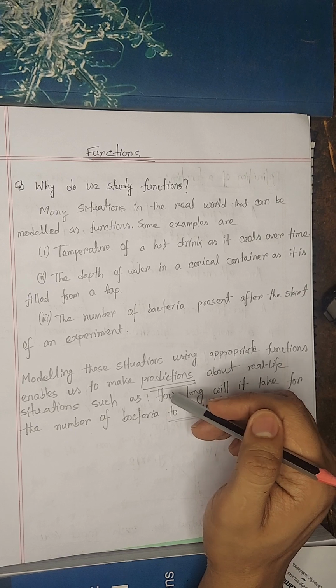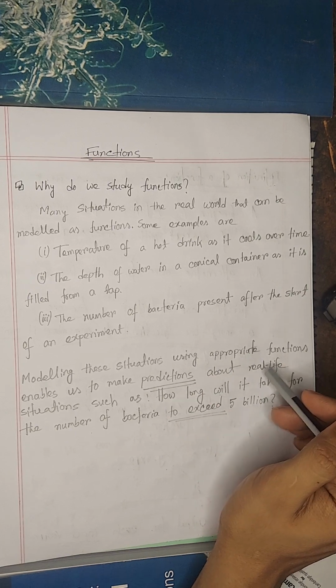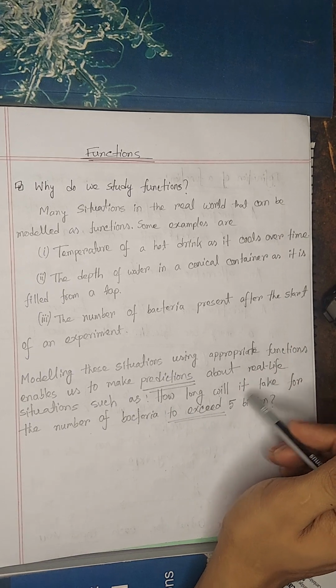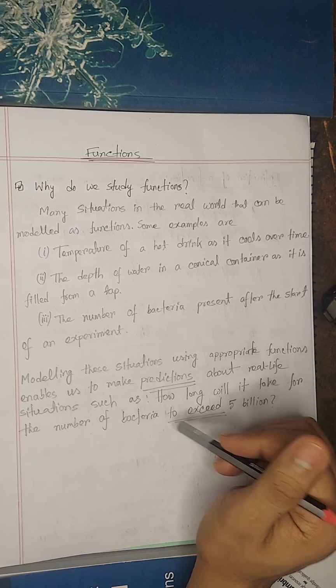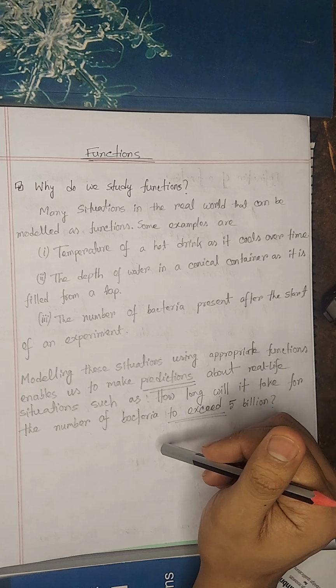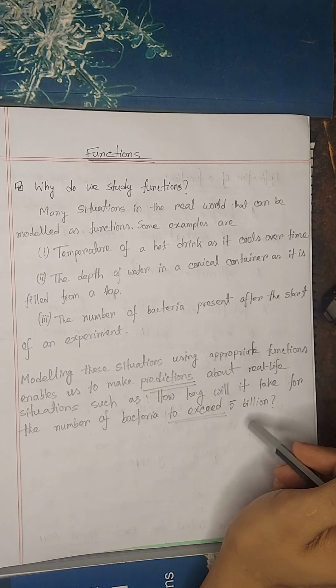Modeling these situations using appropriate functions enables us to make predictions about real life situations, such as how long it will take for the number of bacteria to exceed 5 billion.